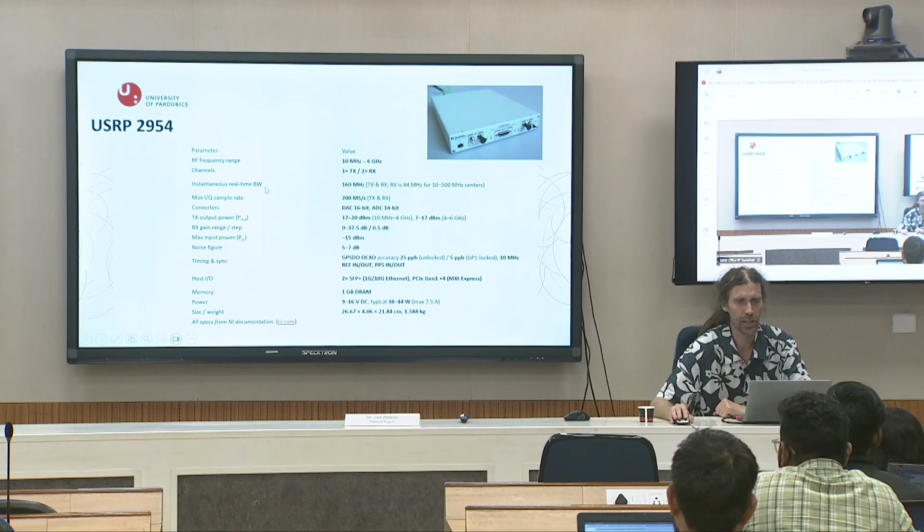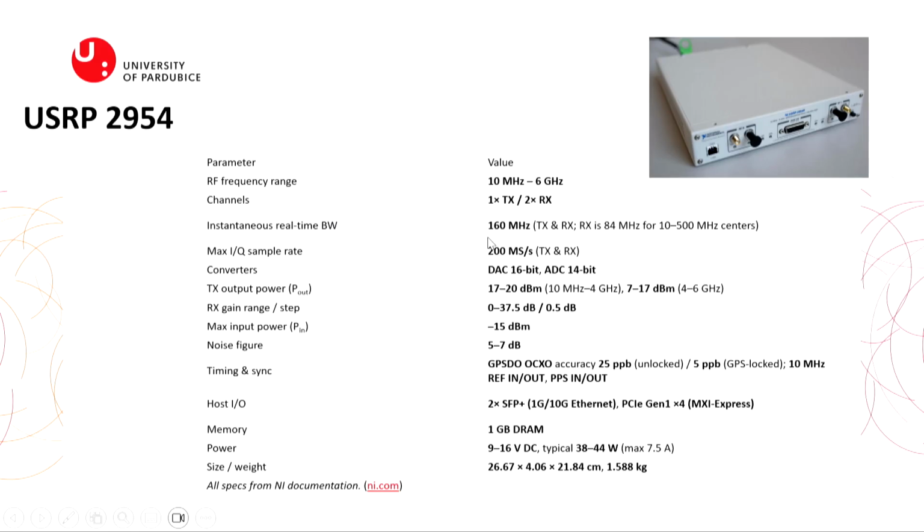Okay, instantaneous real-time bandwidth that can be processed is 160 MHz. Enough. It is impressive. It is a really nice parameter. Maximal IQ sample rate is 200 megasamples per second for transmission and receiving. It is really nice also. Converters: ADC is 14 bits and DAC 16 bits.